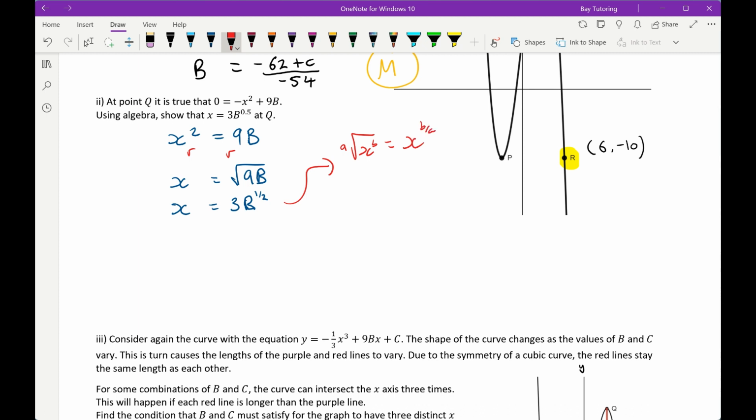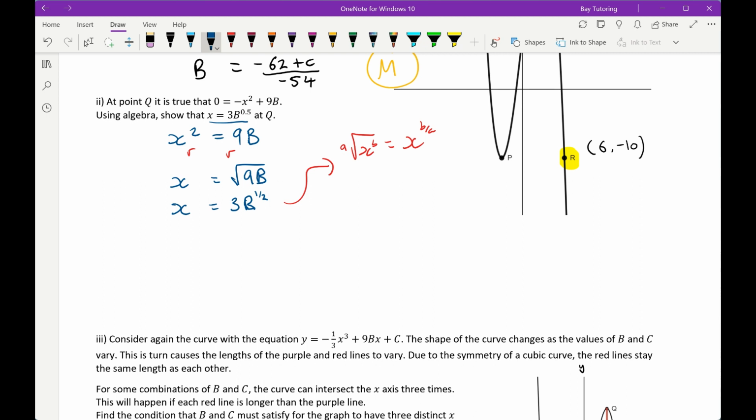So we've got b to the power of 1 as a square root, so b to the power of 1 over 2. And remember, 1/2 is 0.5. I've written 1/2, but I'll convert it to 0.5 in the next step.